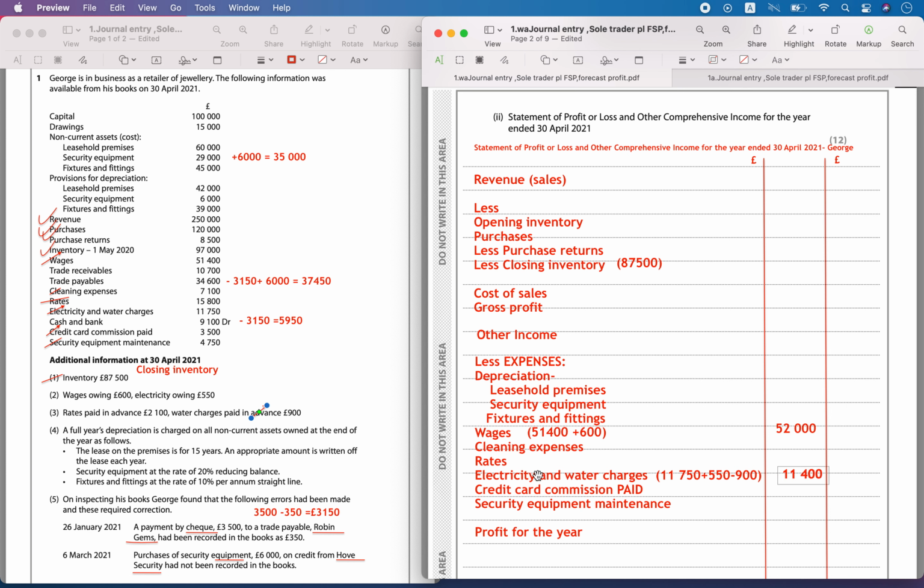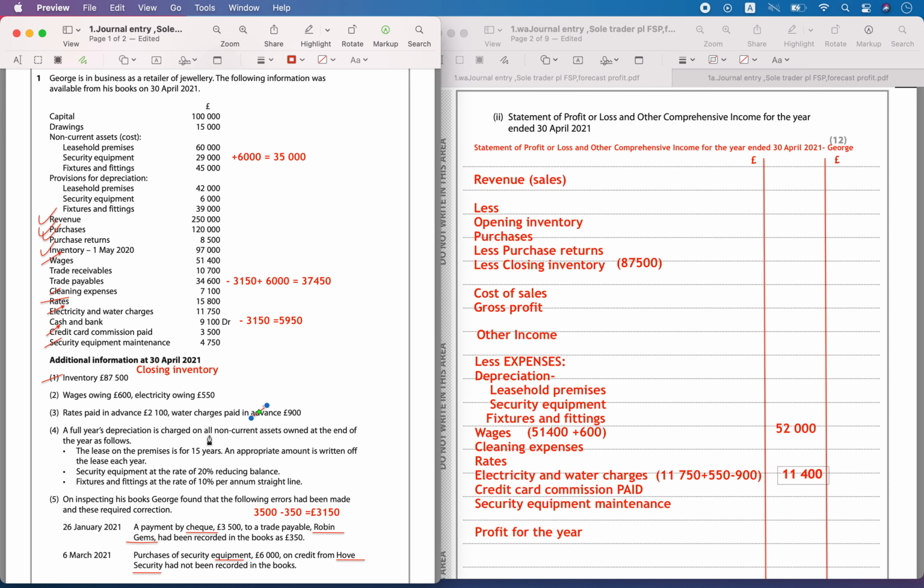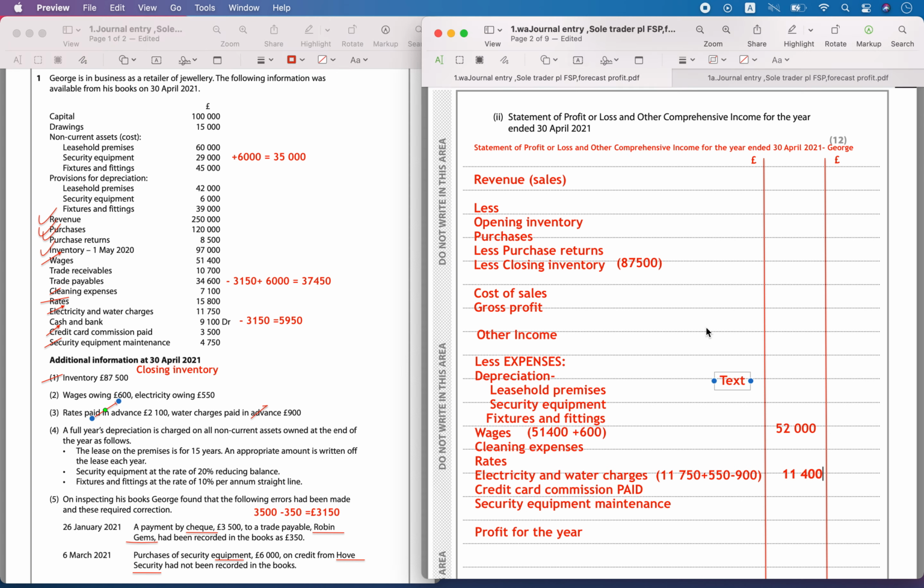This will be 11,400. Then you have a full year's depreciation charged on all non-current assets owned at the end of the year. There is also the rates paid in advance, 2,100. So let's calculate that. The rates were around 15,800.